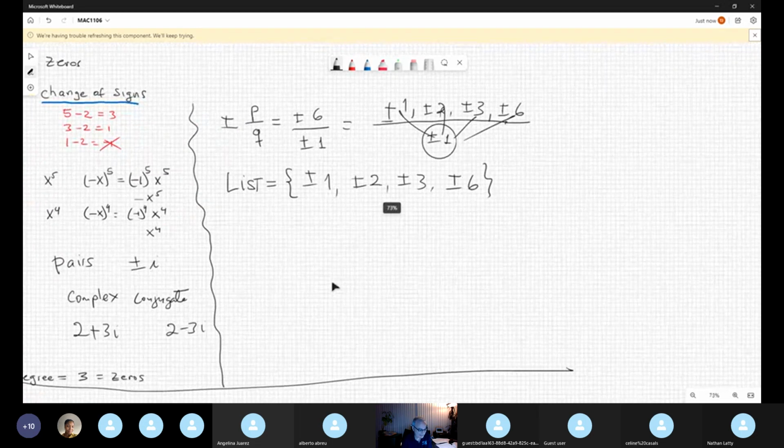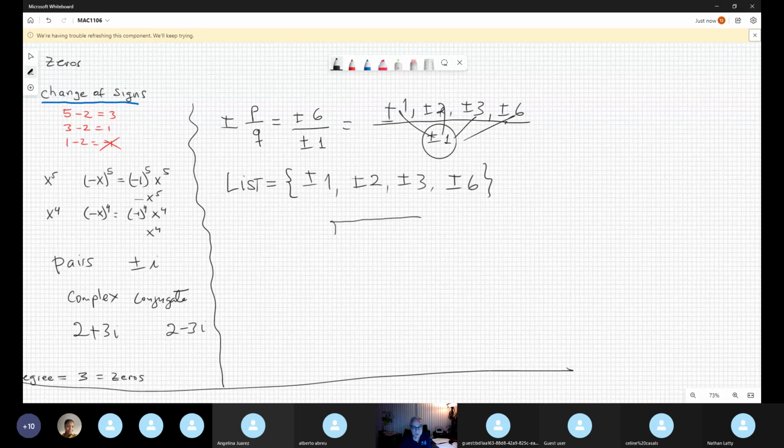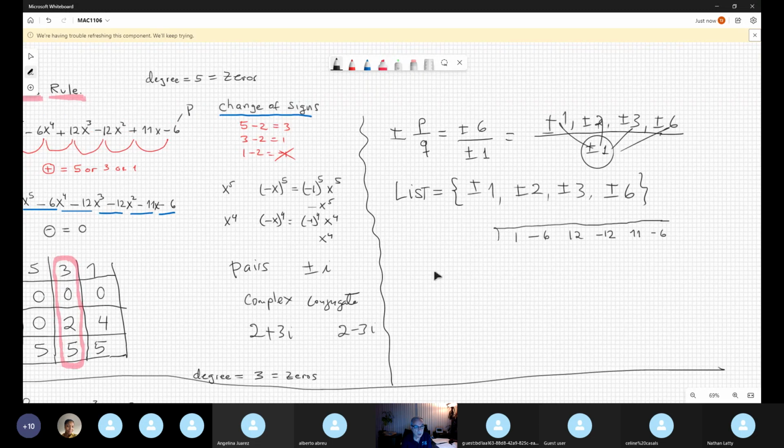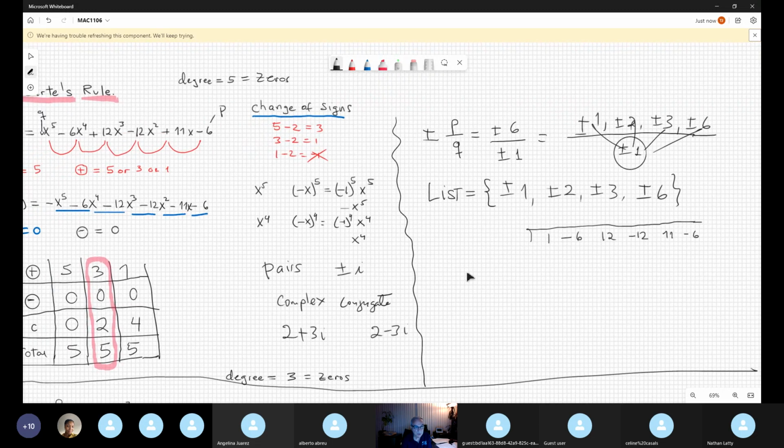So synthetic division is, you copy the coefficients. The coefficients are 1, minus 6, 12, minus 12, 11, and negative 6. Let me check if I copied well or no. Oh yeah. 1, -6, +12, -12, +11, and -6.